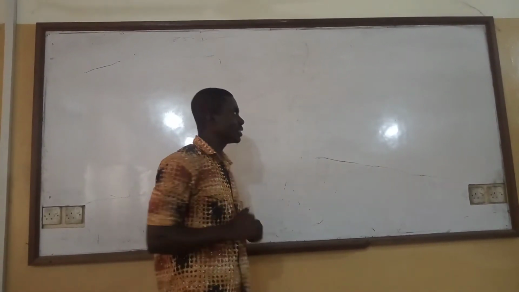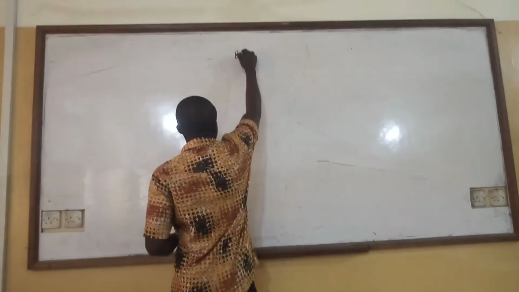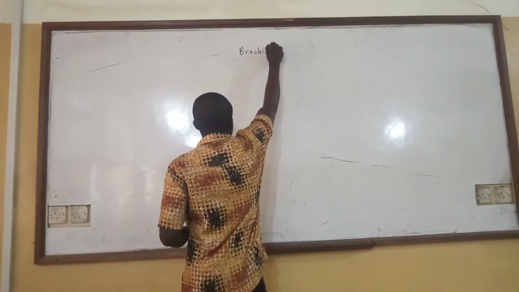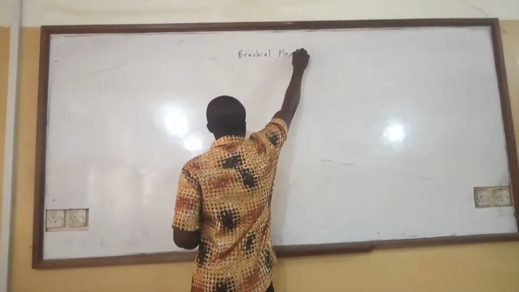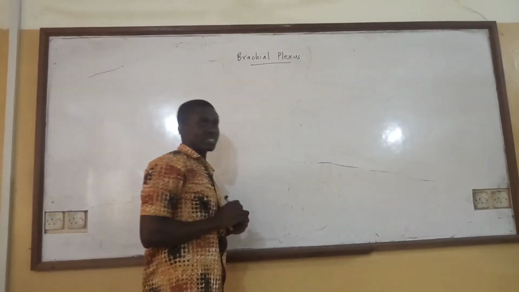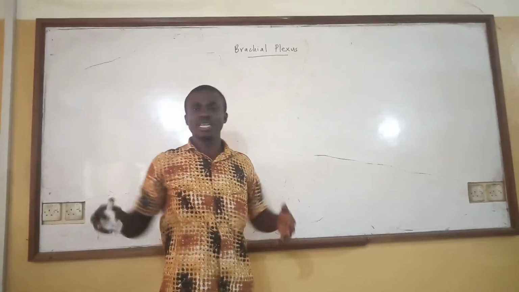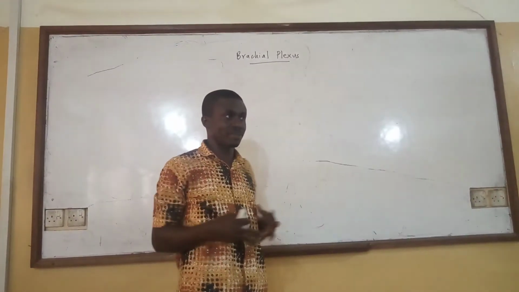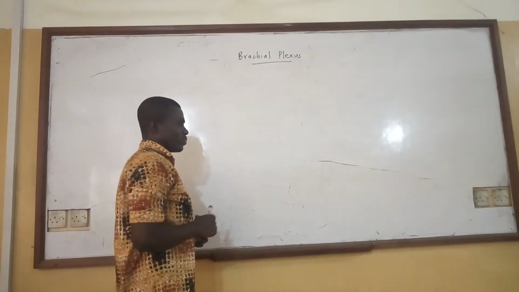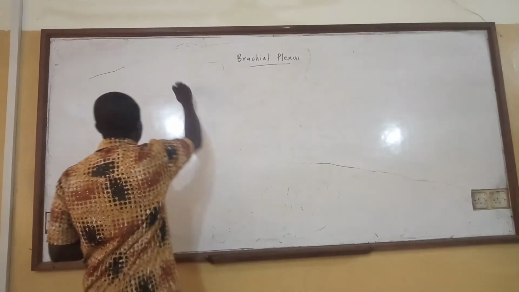Today we want to look at the brachial plexus. Now this plexus is nothing but a plexus of nerves, which supply the upper limb as well as the shoulder and the pectoral regions. They are organized into what we call roots.